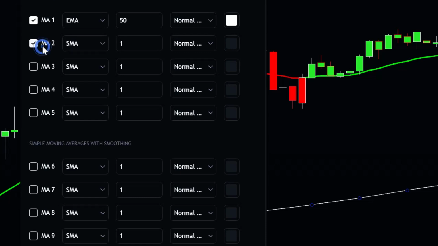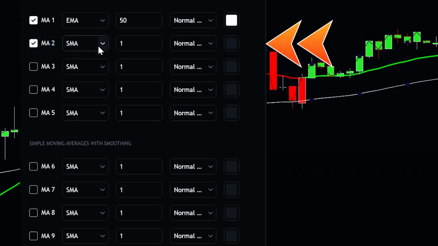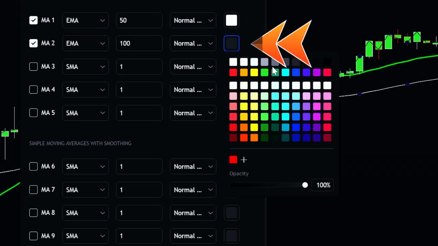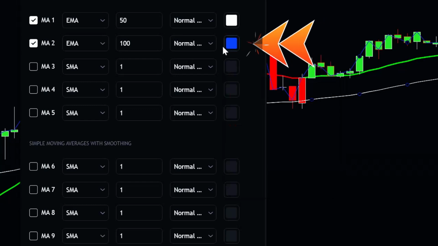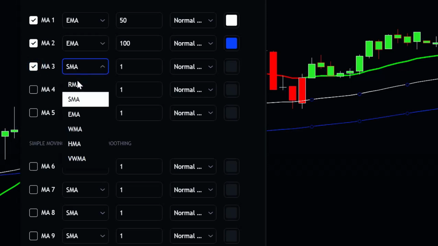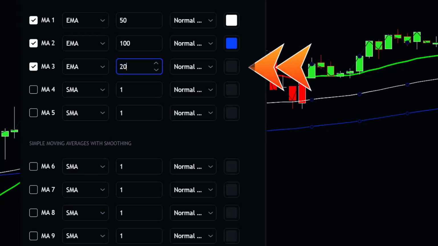Next, set up the second one to EMA with 100 period, normal time frame, and choose another color. And last but not least, set up the third one to EMA with a 200 period, normal time frame, and give it a unique color.